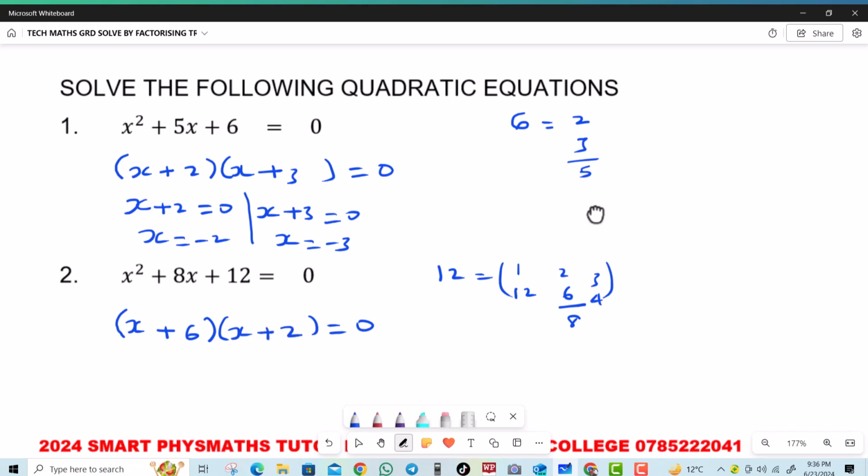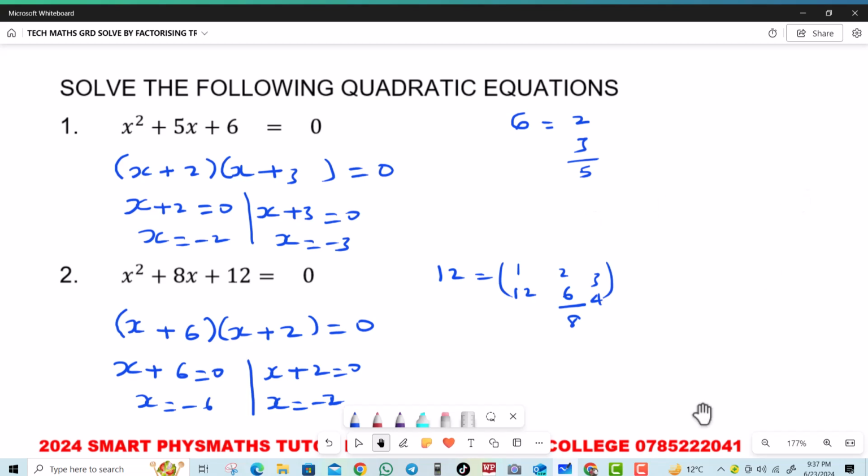Now, after this, we're going to say either this first bracket, x plus 6 equals 0, which gives us x equals negative 6, or x plus 2 equals 0, which gives us x equals negative 2. Hope we are together. That's how we solve that quadratic equation.